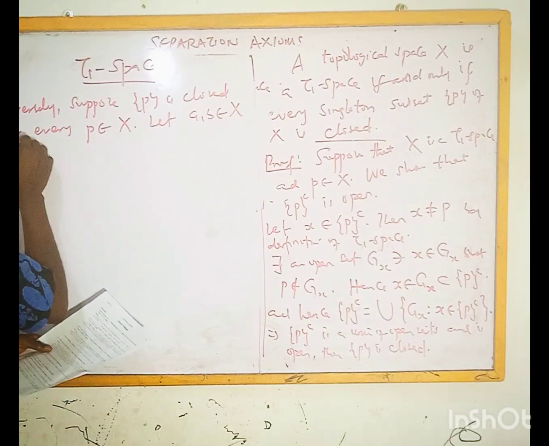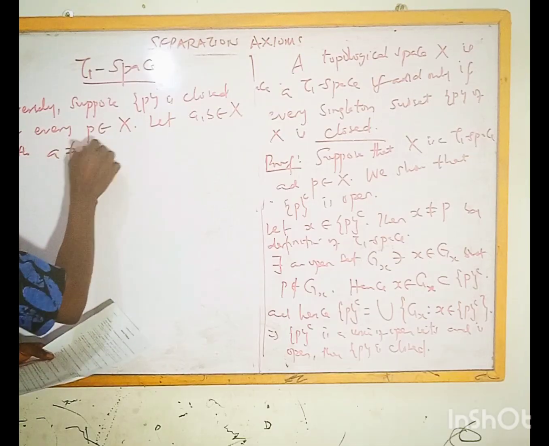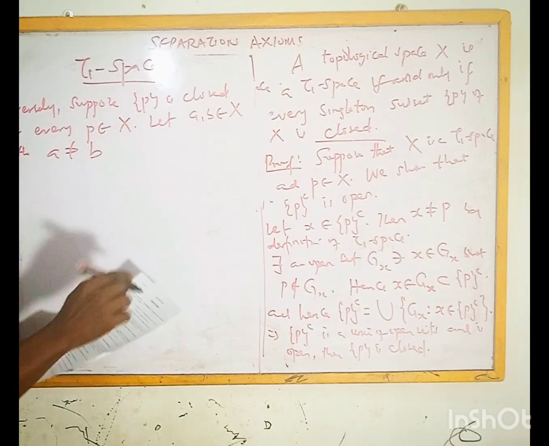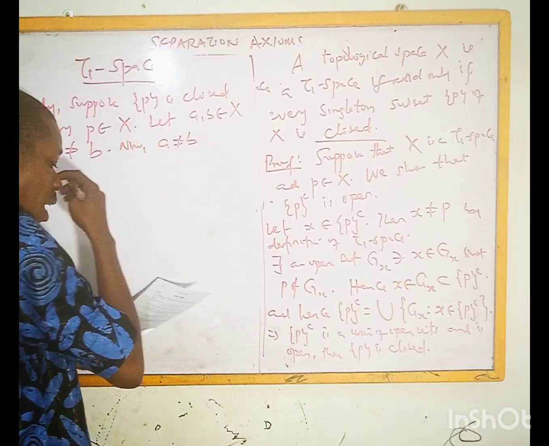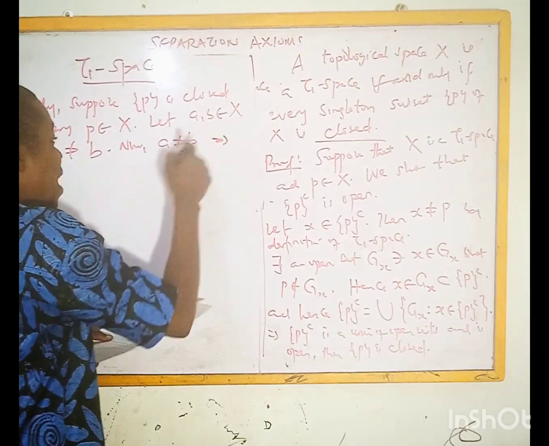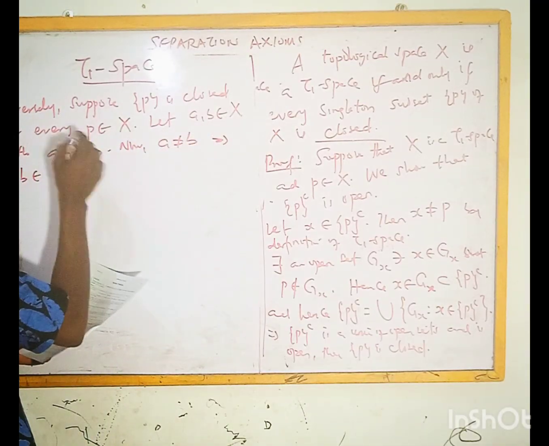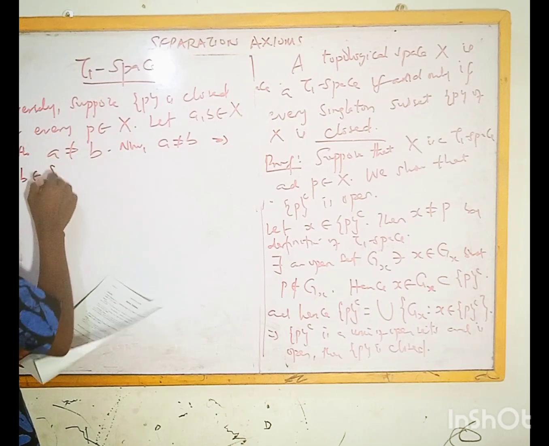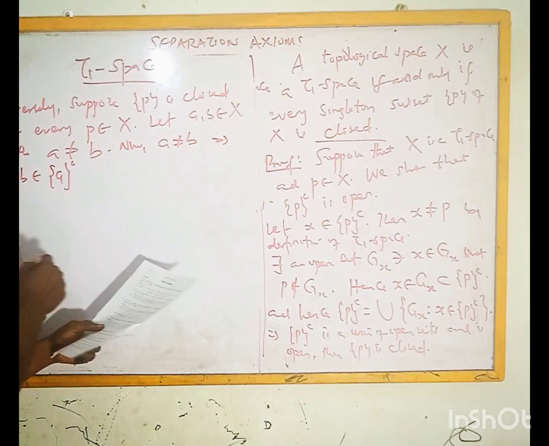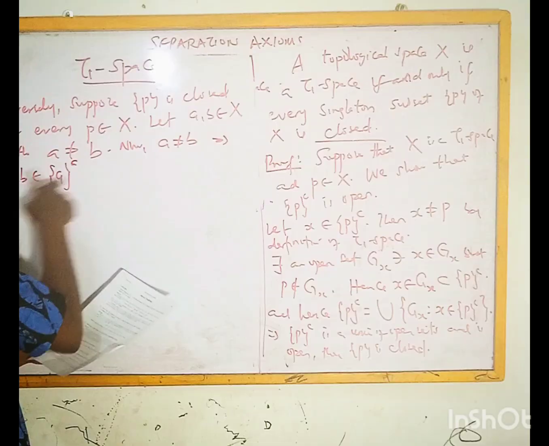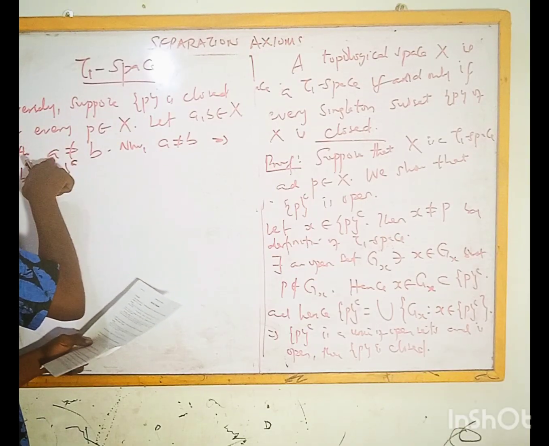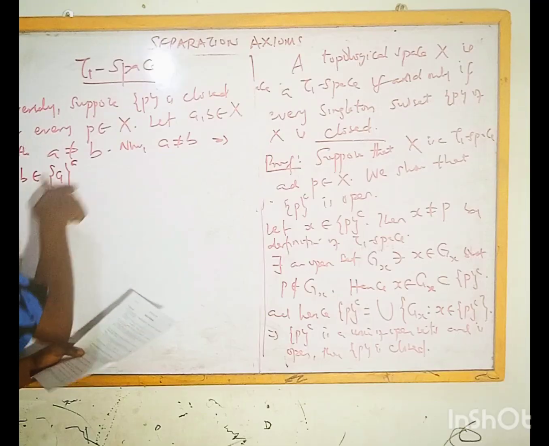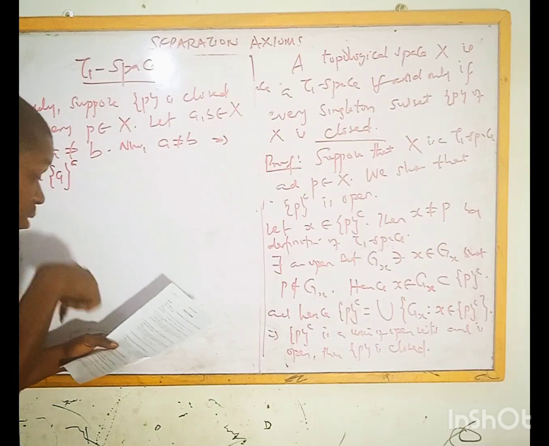With A not equal to B. Now, since A is not equal to B, this implies that there is a B in the complement of A, because if A is not equal to B, then B must be in the complement of that set A. I got it now.